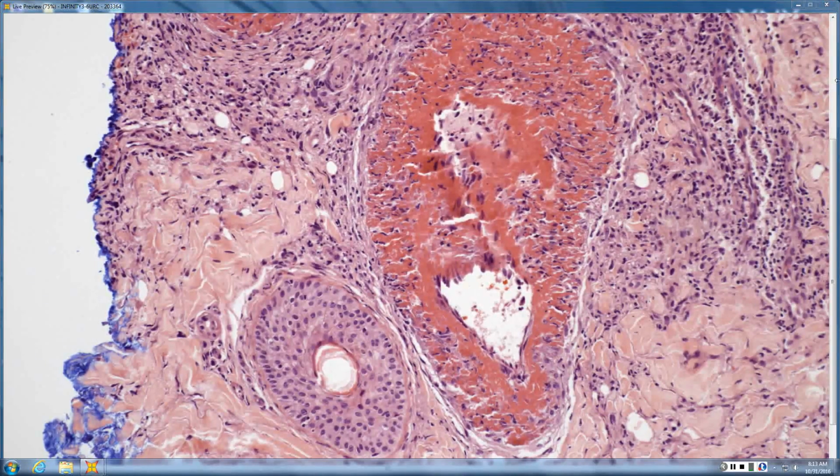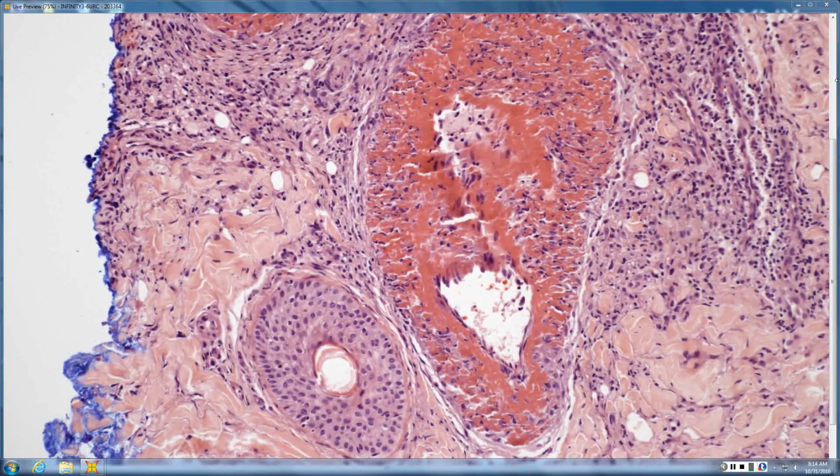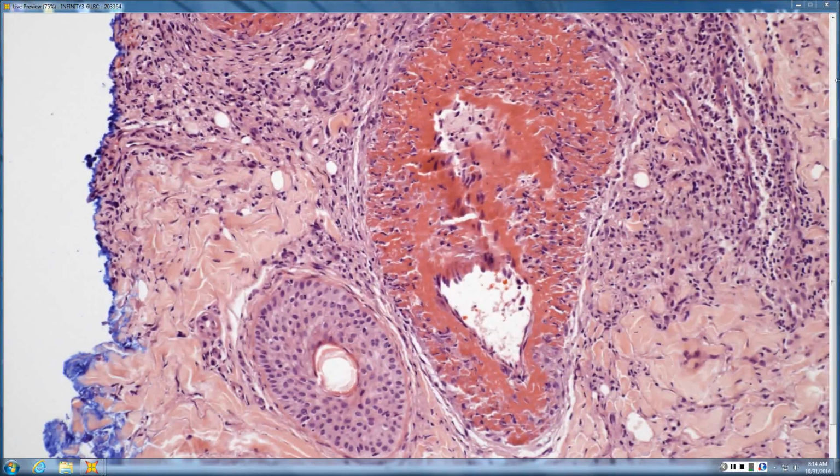Early on, just like this, you can see necrosis, you can see neutrophils, but the giant cells have to be there to make the diagnosis of giant cell arteritis. They are a must. Otherwise, you could conceivably be dealing with PAN, with an ANCA vasculitis, with something else.